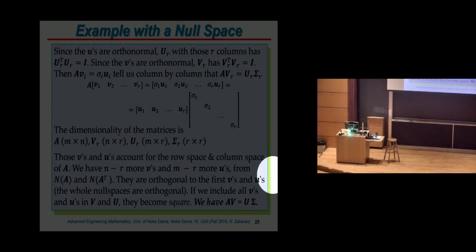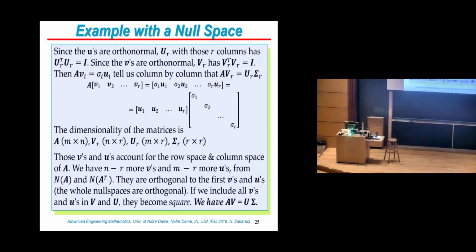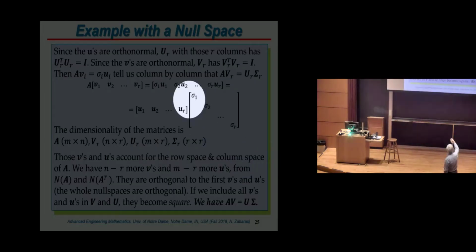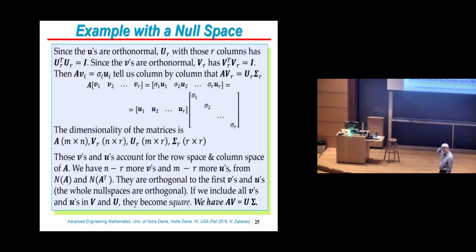The only thing you need to do is, when you extend the sigma matrix in the diagonals beyond what you see here, you're going to have to put 0 elements, right? Because if you take A times a vector from the null space, let's say A times V_(r+1), by definition that will give you 0. So you need to have a sigma element that is 0 to get a 0.